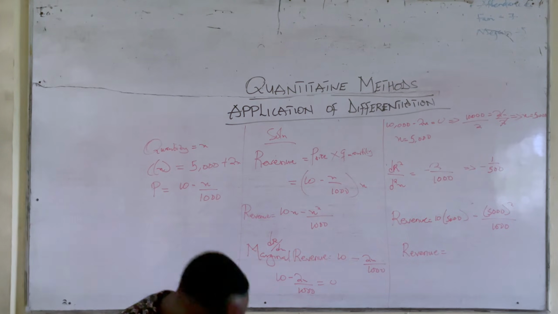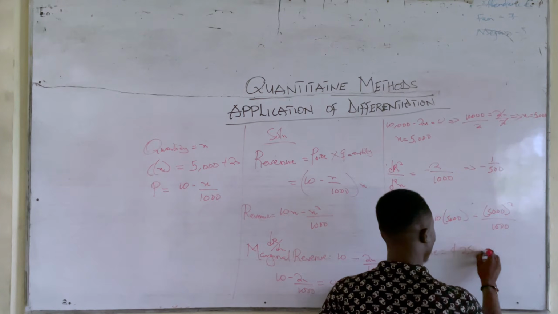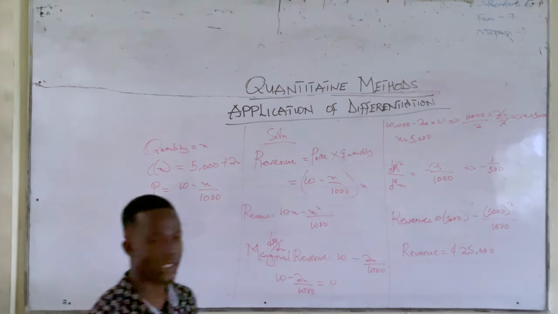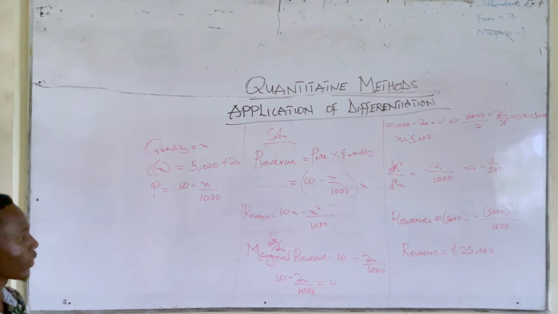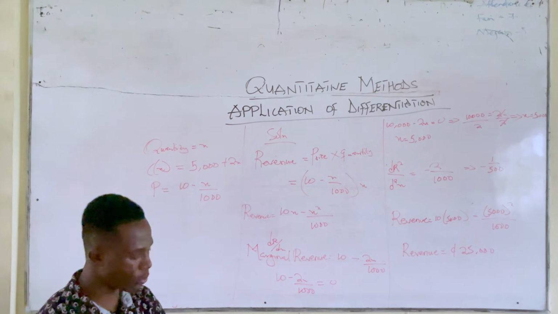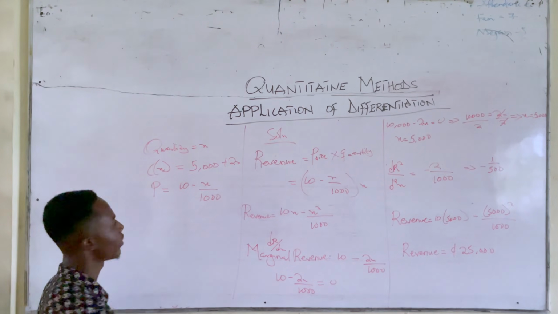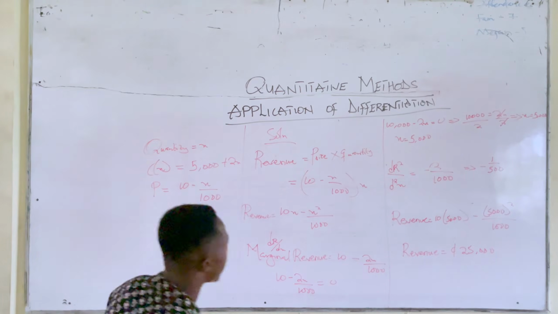So our revenue is 25,000 cedis. Okay, so this is the maximum revenue from the question, and they said we should calculate for profit. And you know profit is revenue minus cost, right?